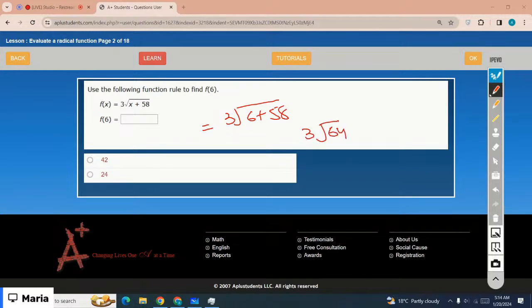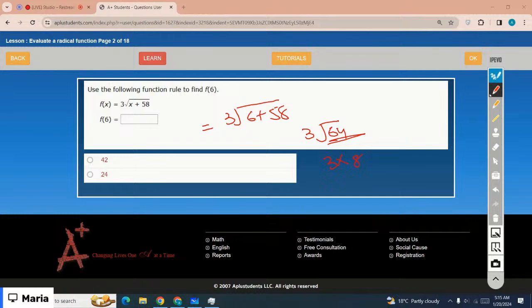3 square root 64. Square root 64 equals 8.